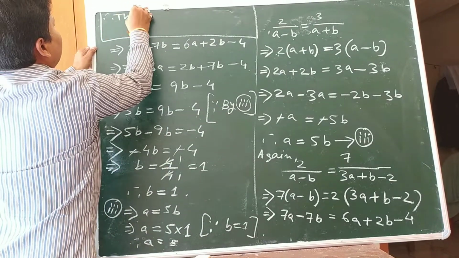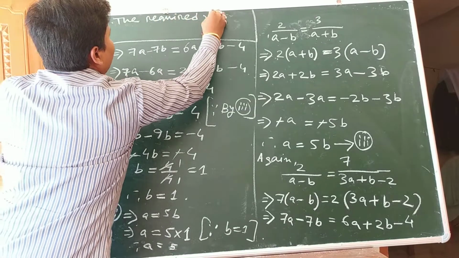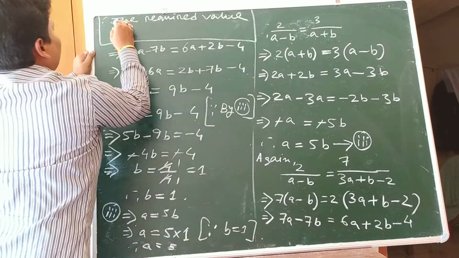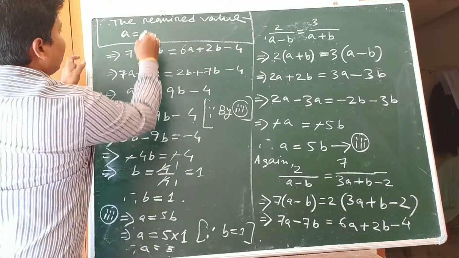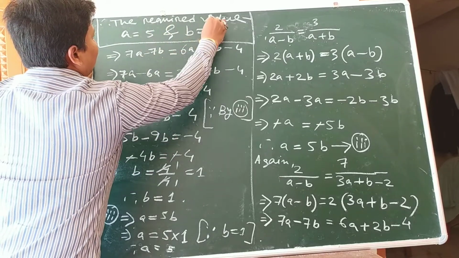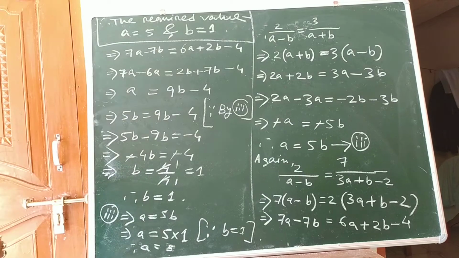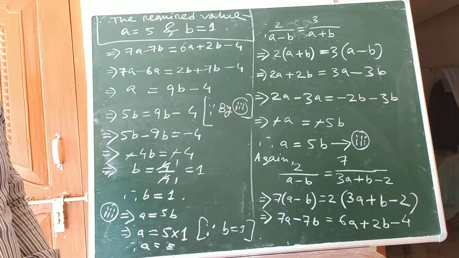Therefore the required values are a equal to 5 and b equal to 1. So it is the solution for question number 2-1.